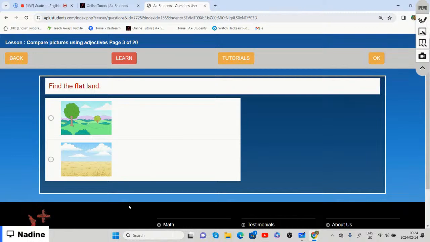And we need to find the flat land, meaning we don't see any hills, we don't see any mountains, just flat land. Is it the top picture or is it the bottom picture? And if we were to find the flat land, we will choose the bottom one.